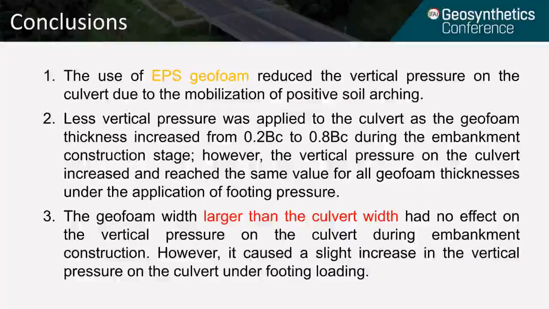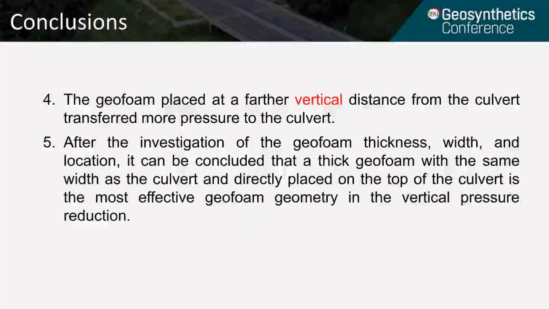A geofoam width larger than the culvert width had no effect on the vertical pressure on the culvert during embankment construction. However, it caused a slight increase in the vertical pressure on the culvert under footing load. Also, the geofoam placed at a farther vertical distance from the culvert transferred more pressure to the culvert.